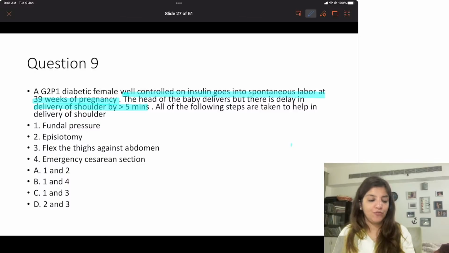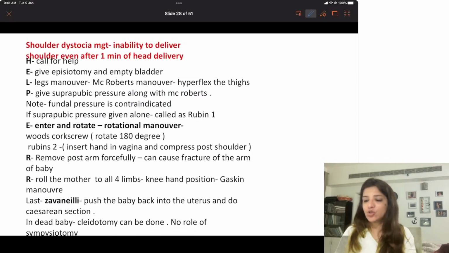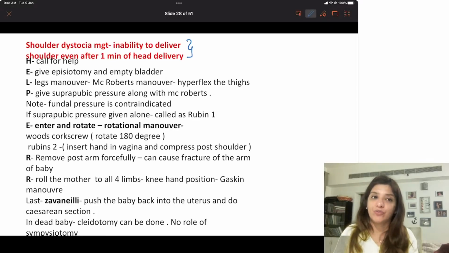So I can see all of you answering it as option D. And all of you are right, we are dealing with the case of shoulder dystocia. Shoulder dystocia means inability of the shoulders to deliver even after 1 minute of the delivery of the head.